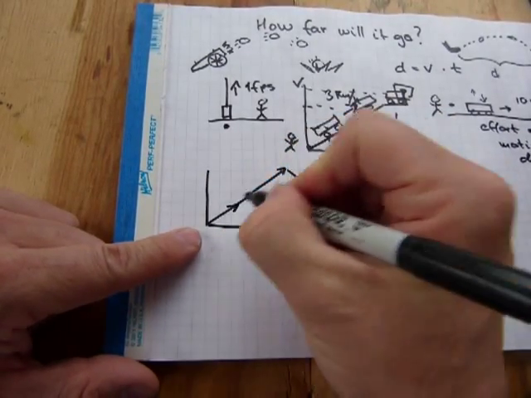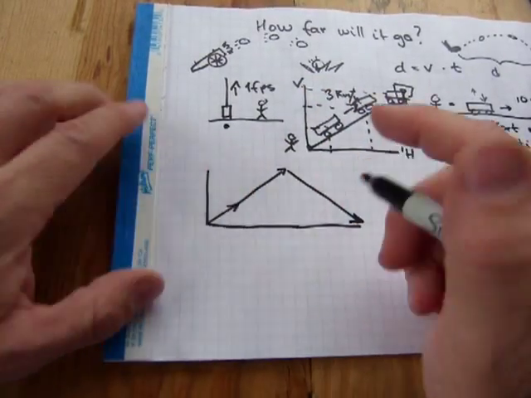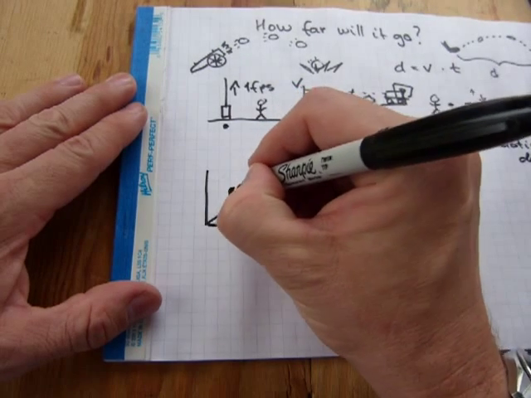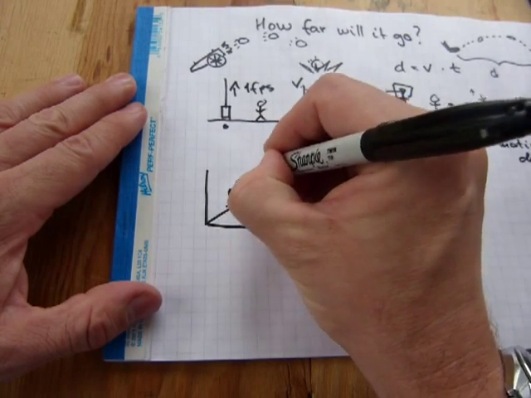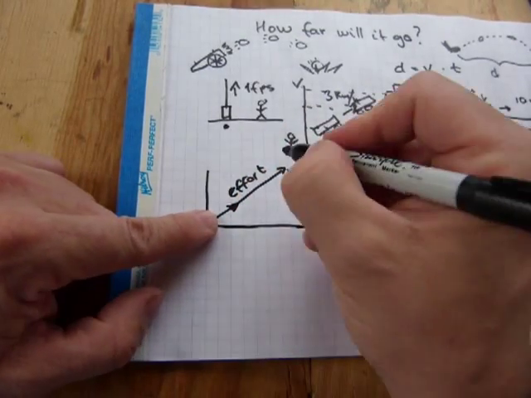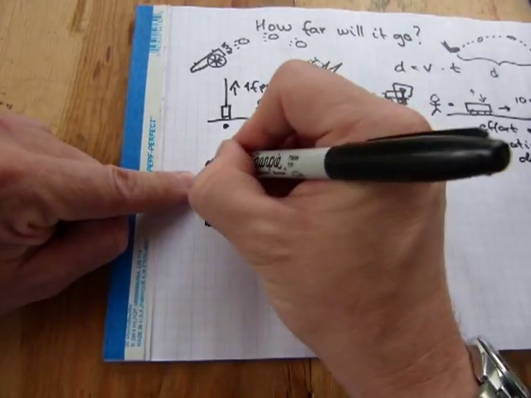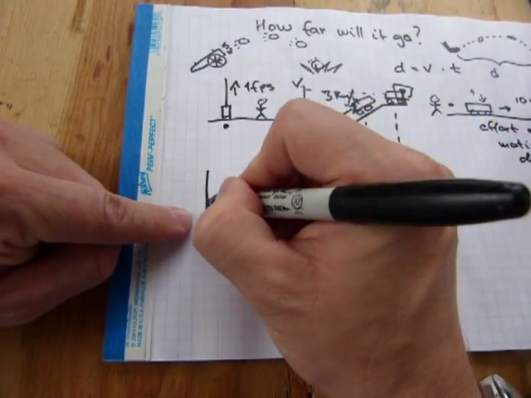But some of the bullet's initial speed, some of the effort of the bullet, has been spent on lifting it up to a certain height.